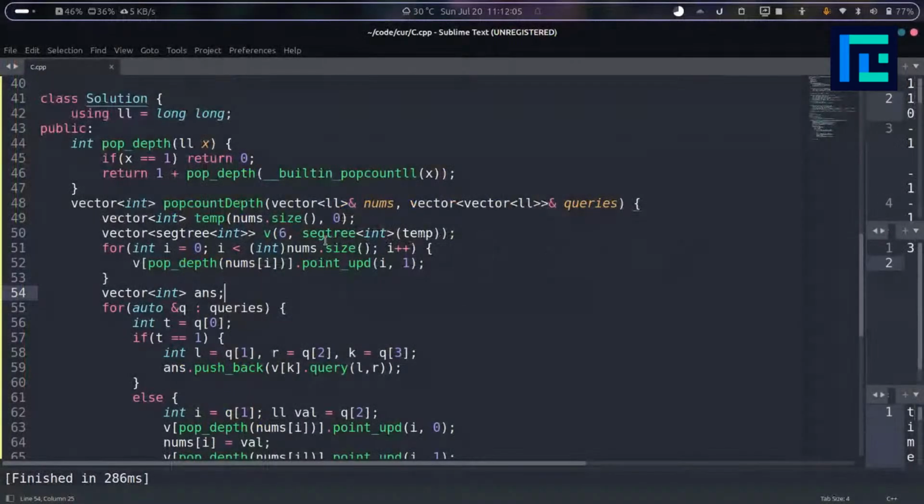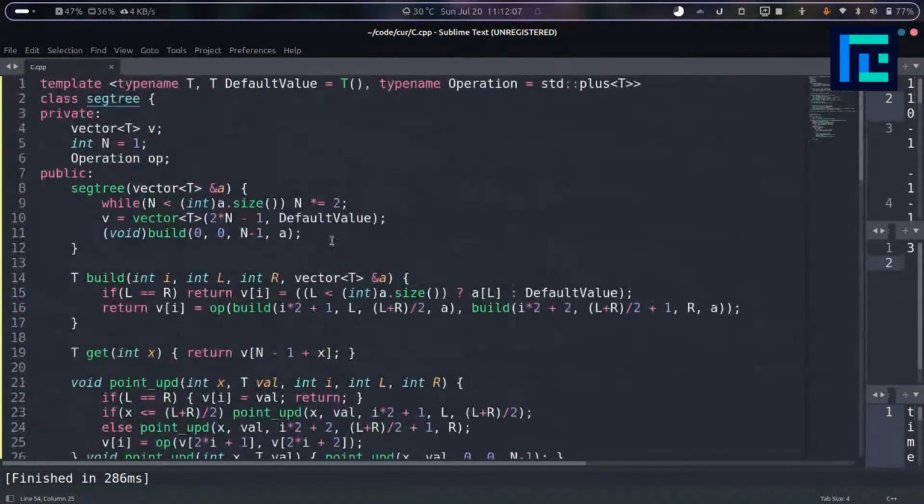So let me just show you the segment tree code because I had written that as well. I have a segment tree template, which you don't need to worry about. You can just Google a segment tree template online, okay? So that I just added on the top. Now let's see the main body of code. Here, instead of a vector of ordered sets, I have a vector of segment trees, okay?